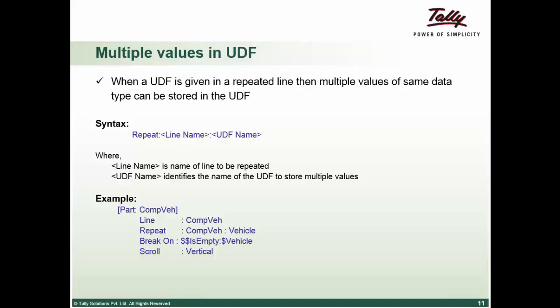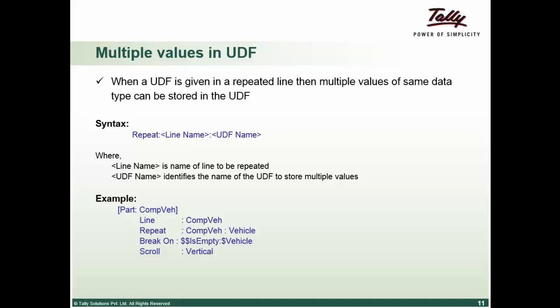So here the only difference would be the repeat line will not be on a collection name. Definitely the collection hasn't been created. So for this kind of behavior, we have the UDF.